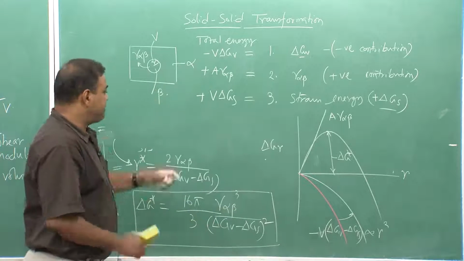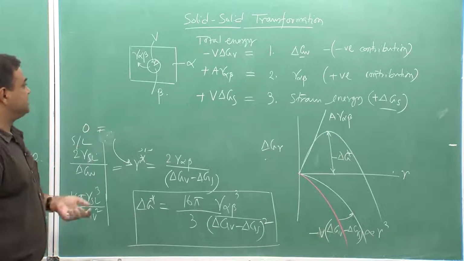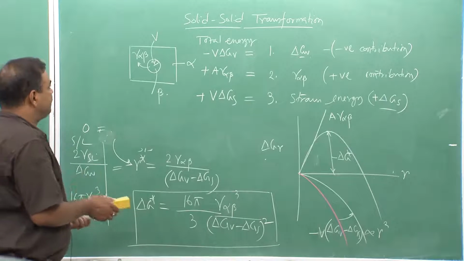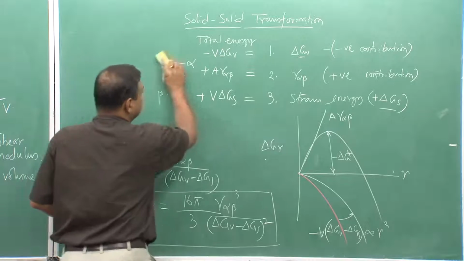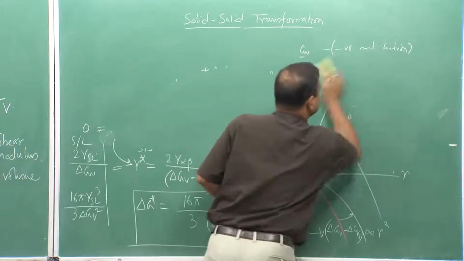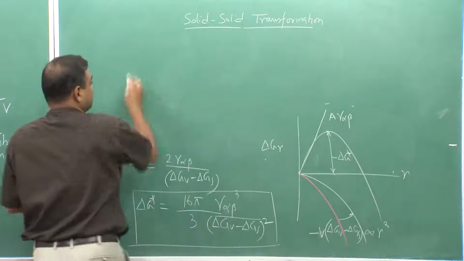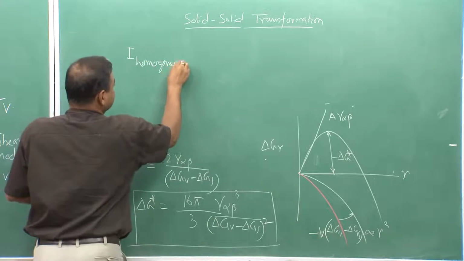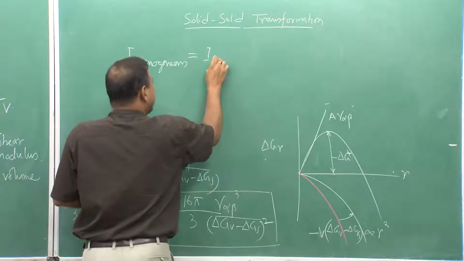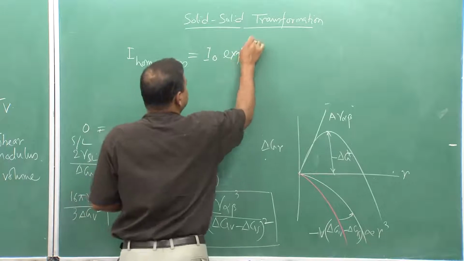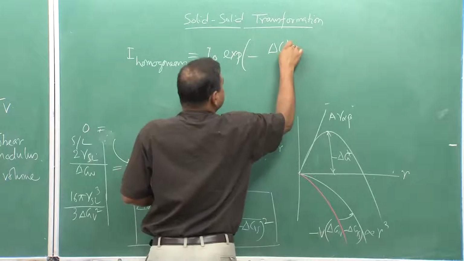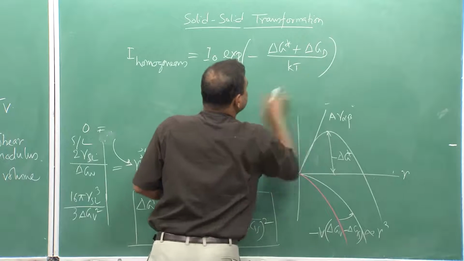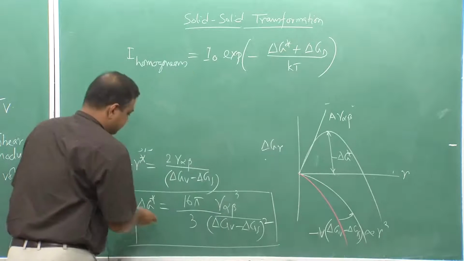Okay. So, if I consider homogeneous nucleation, at that time I do come across this, and if I try to find what would be the homogeneous nucleation rate, it would have a similar expression, which is minus delta G star plus delta G D by K T, where this delta G star is given here.